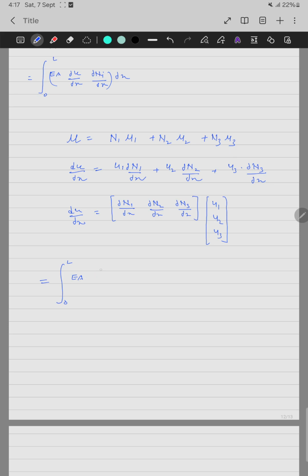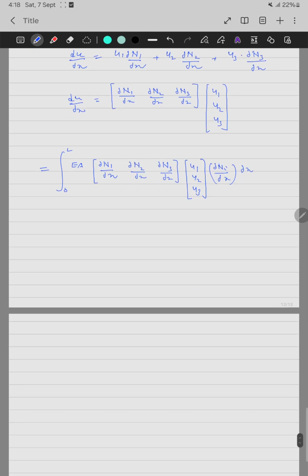We can put the terms for del u by del x, and it is basically del n1 by del x, del n2 by del x, del n3 by del x, and we have the terms u1, u2, u3, and then we have this shape function derivative term dx.